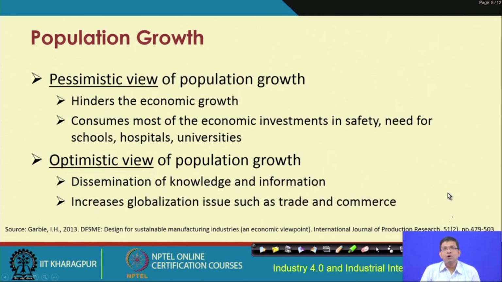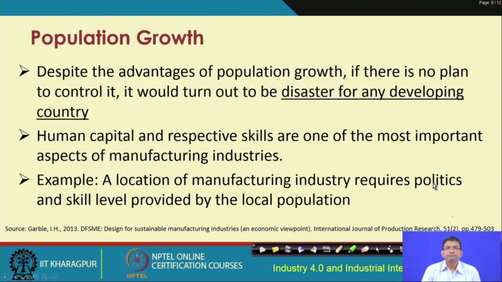The pessimistic view of population growth basically affects the economic growth, and the optimistic view, on the contrary, talks about increase of the globalization issues such as trade and commerce due to the growth of population. So, the pessimistic view hinders the overall economic growth, and the optimistic view increases the globalization issues such as trade and commerce.